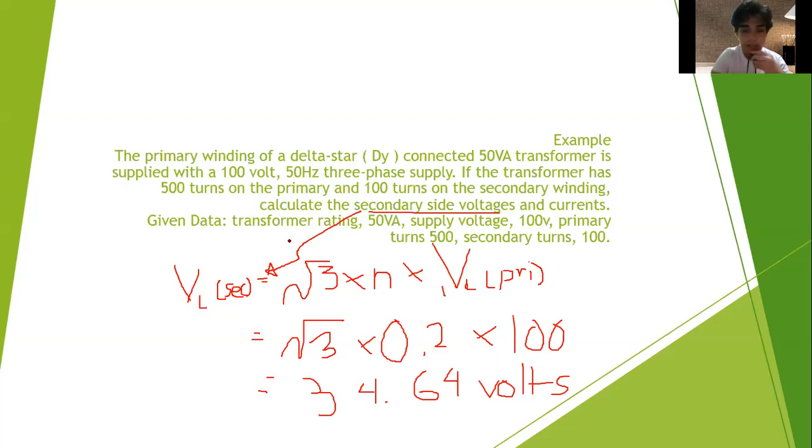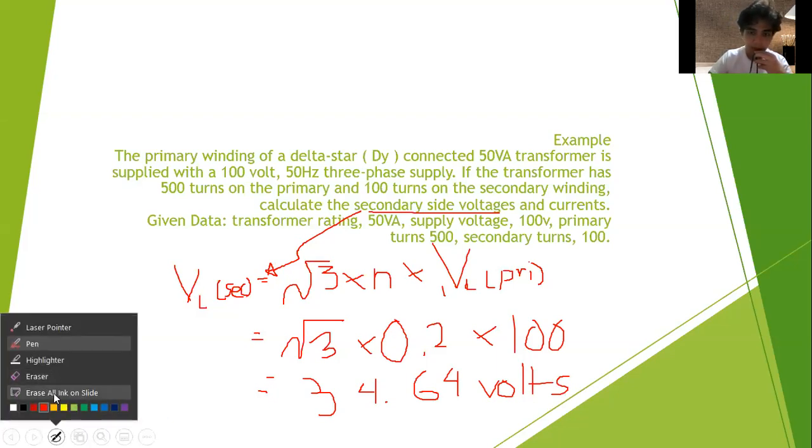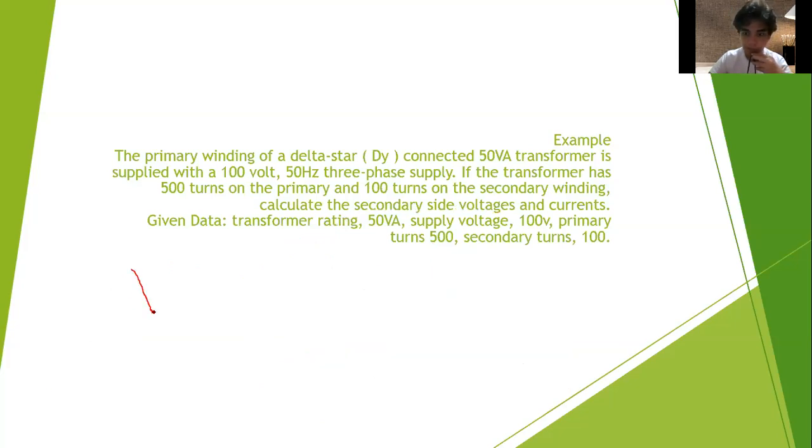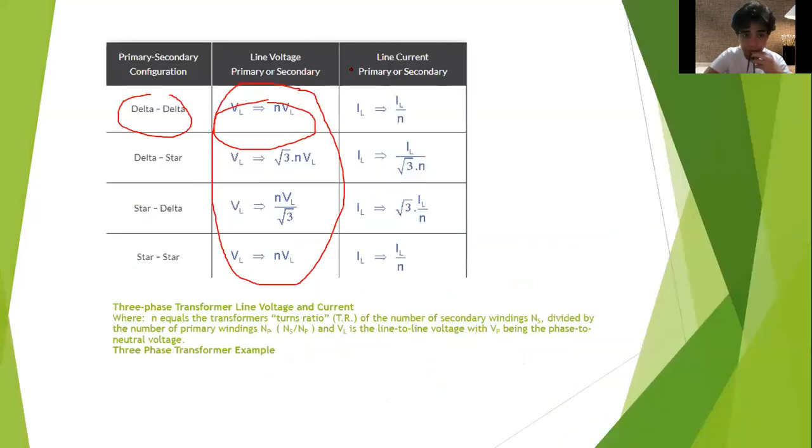So next we will have to compute for the secondary phase voltage, VP. For that, we have to use VL over square root of 3.